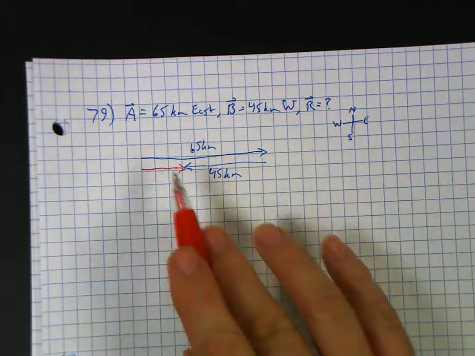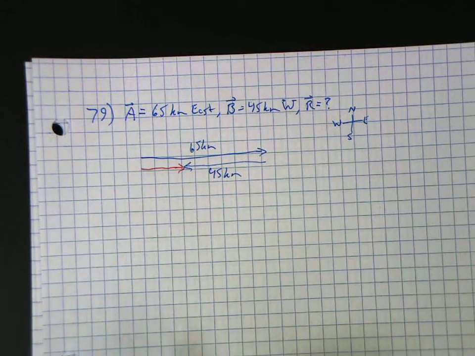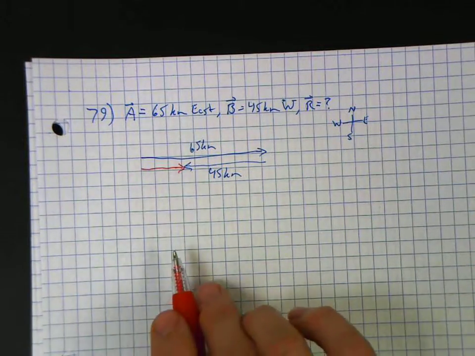When they're lined up, we get to add or subtract. In this case, it's going to be subtraction because it's heading in the other direction.